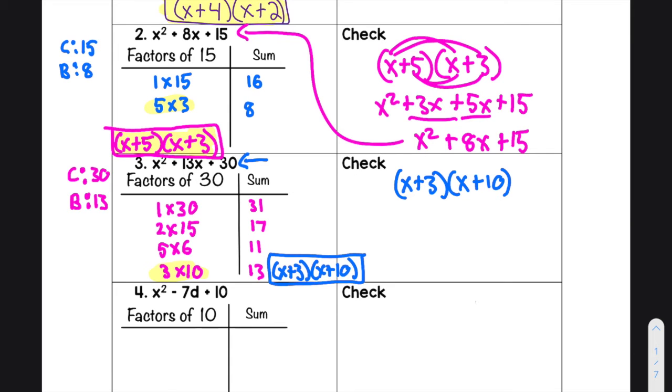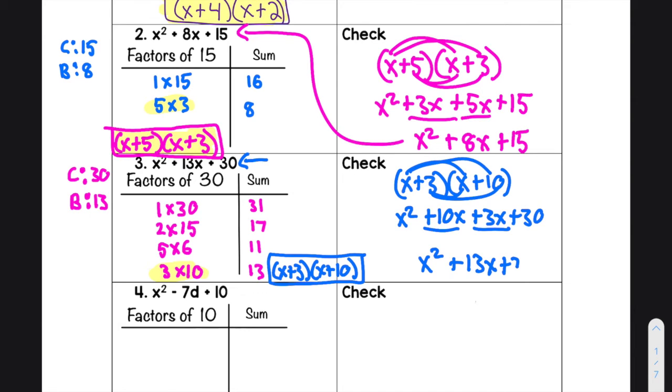So we're going to distribute out the x times the second binomial to get x squared plus 10x, and we'll distribute the 3 to get 3x plus 30. Combining our like terms in the middle results in x squared plus 13x plus 30, in which we now know our answer is correct, since after you multiply, we get our original expression.